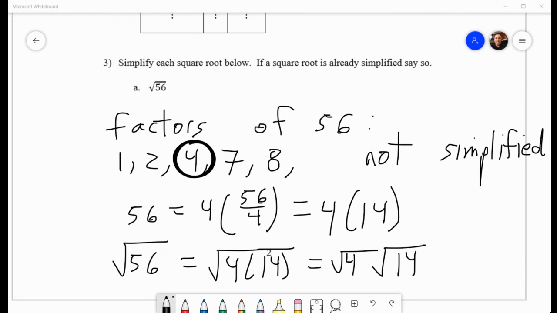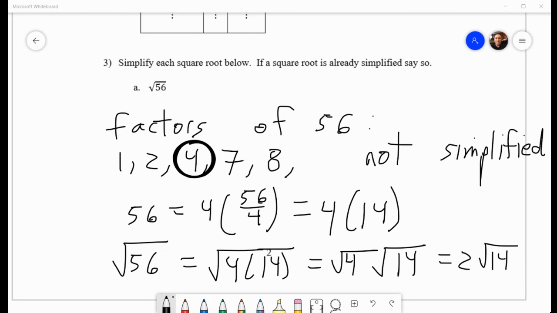And that's going to be 2 times the square root of 14. But again, we're really not done because we want to know if the square root of 14 is really simplified or not. It turns out it is, but let's show it.